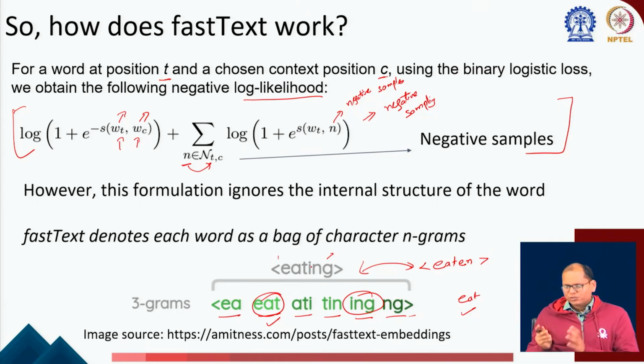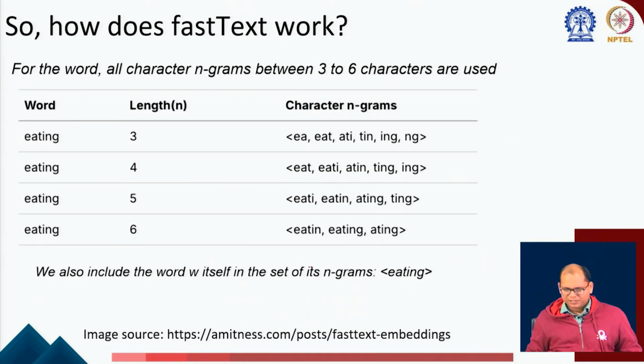So can I use this internal structure using character n-grams? That was the idea of FastText. In eating, I can enumerate all the n-grams. They started from character 3-grams up to character 6-grams. For eating in 3-grams you will have what we saw, then 4-grams, 5-grams and 6-grams.